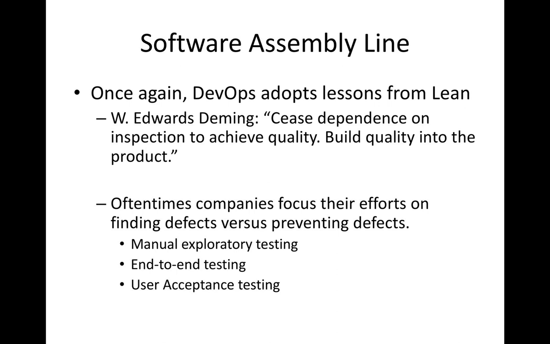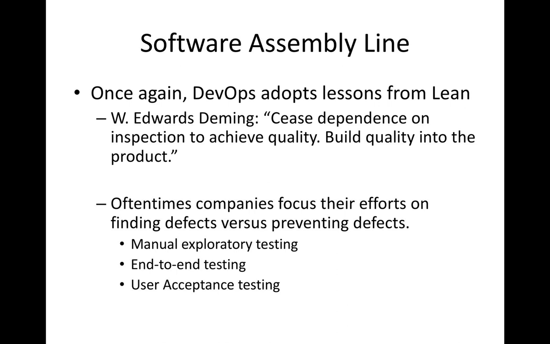And this is really a fundamental concept of lean. And many manufacturing organizations follow Six Sigma principles, which is derived from lean. And the purpose of Six Sigma is to build quality into the product that's being manufactured.